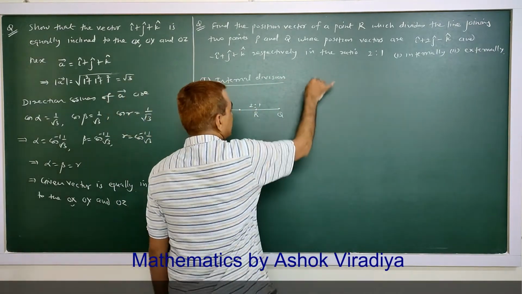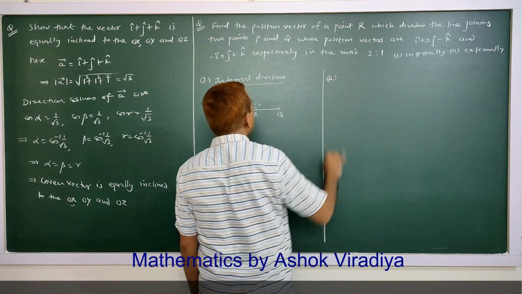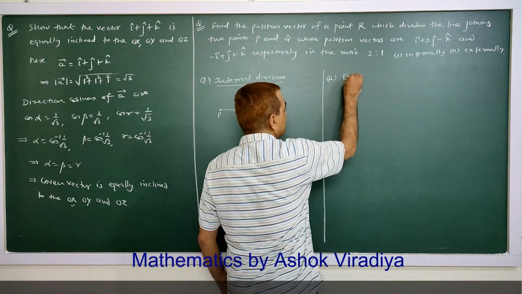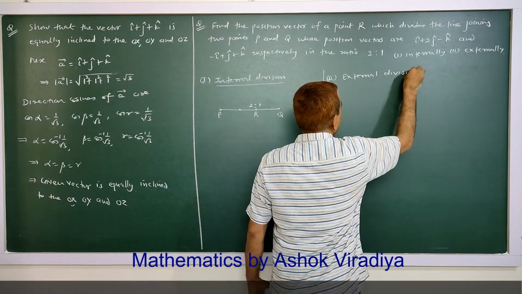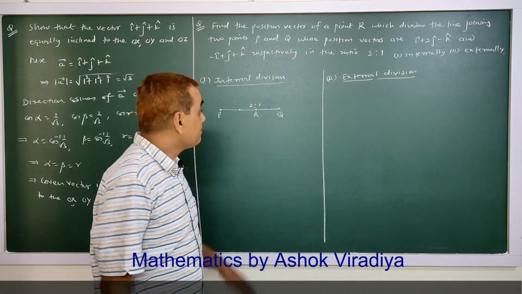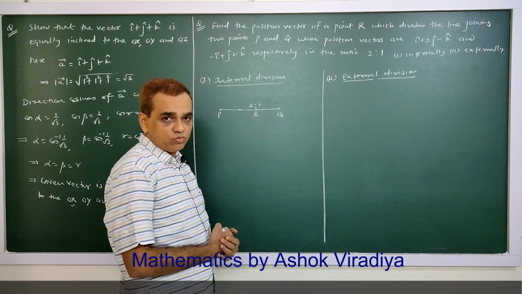Then second case, we will find position vector of R dividing externally. So external division. That means the dividing point lies outside line segment PQ.